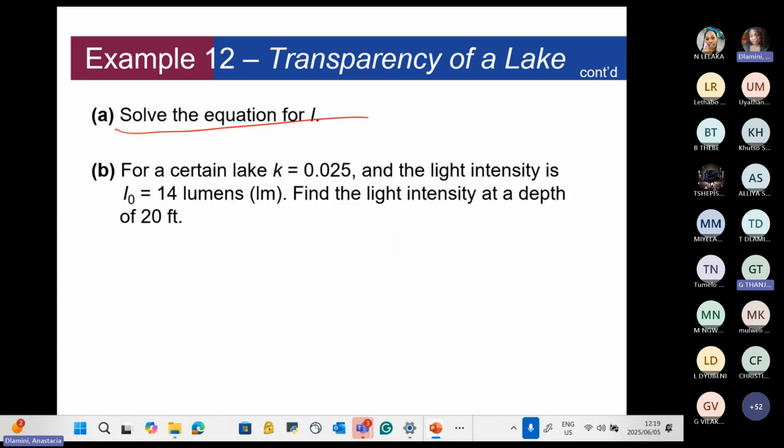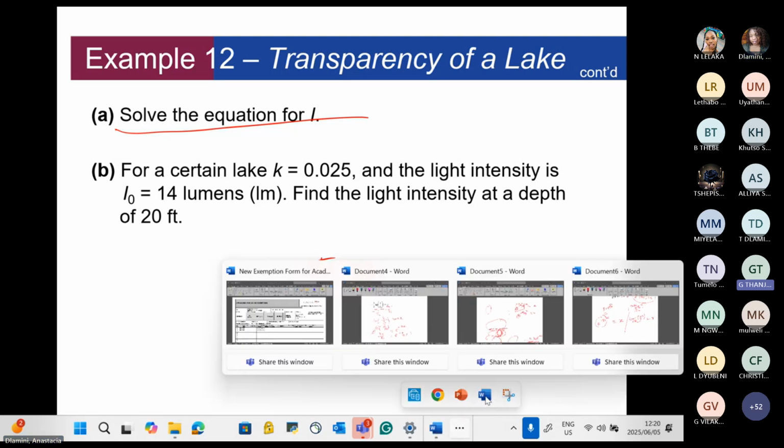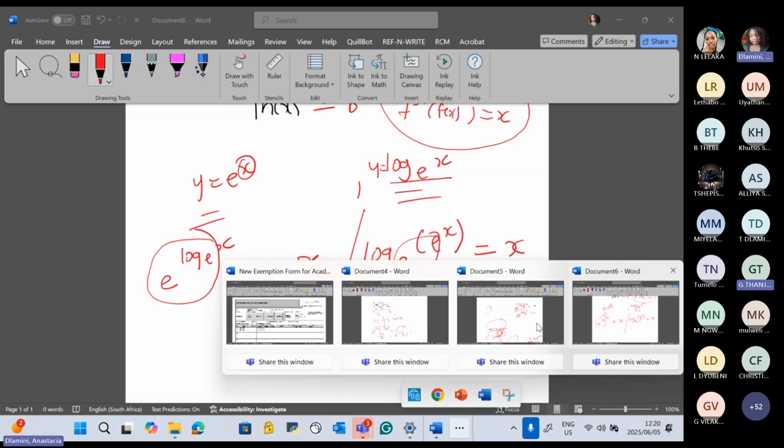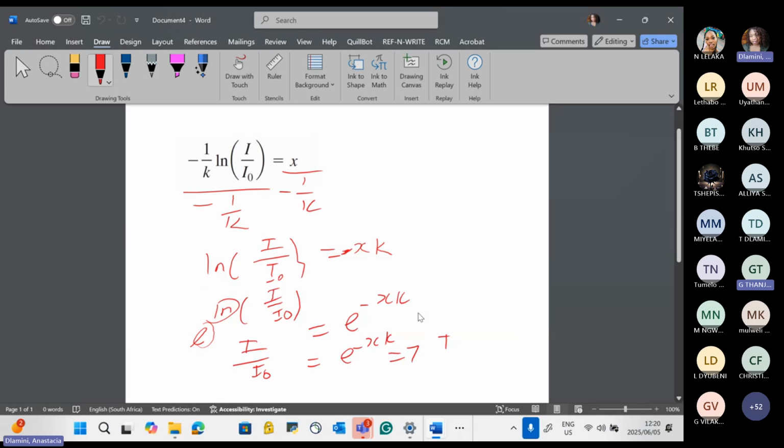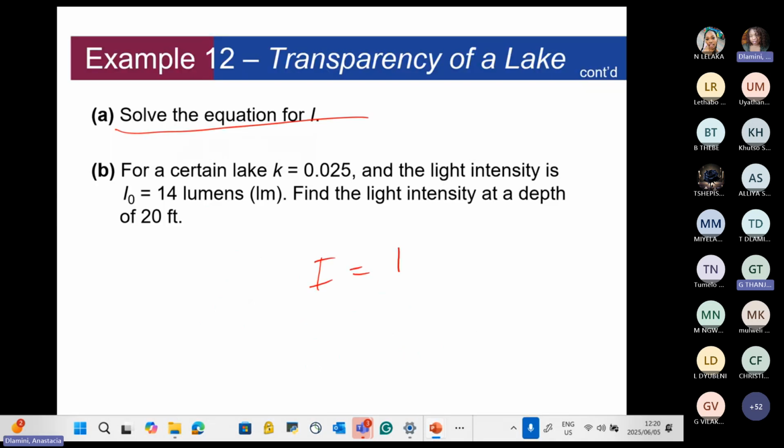So now that we got that our I is equal to I0 e to the power of negative xk.